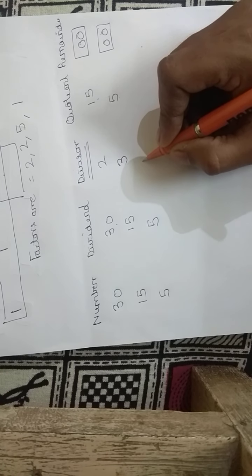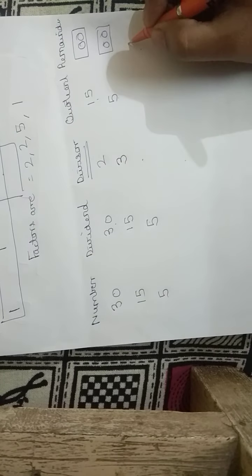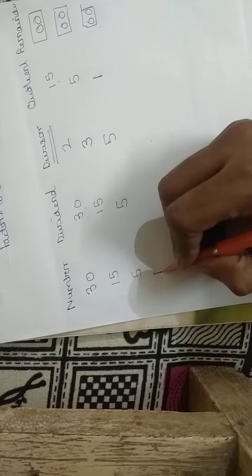Can my divisor be 4? 4 1s are 4. The remainder will be 1 now. It is not possible. The remainder should always be 0. So it is 5. My quotient is 1. So this becomes 1, 1, 1. Now I have got 1 and so I will stop.